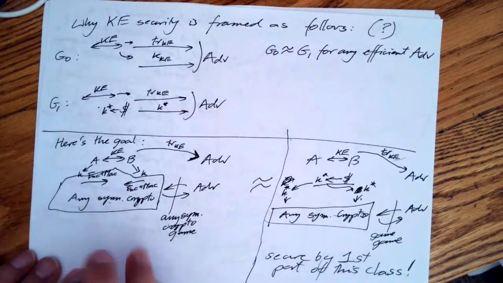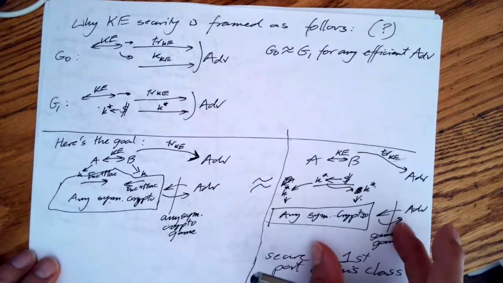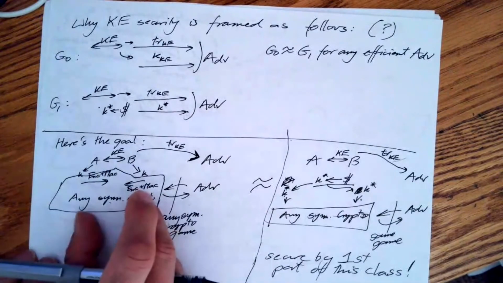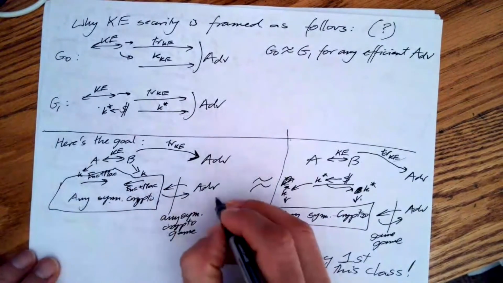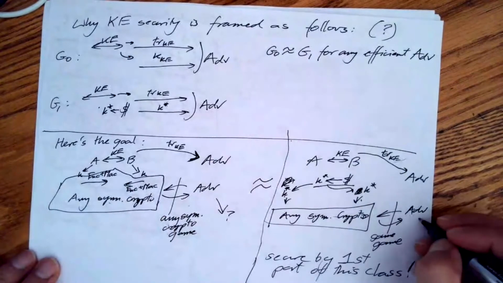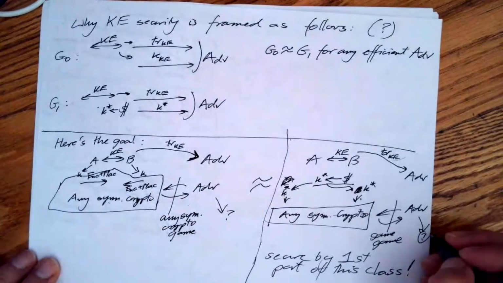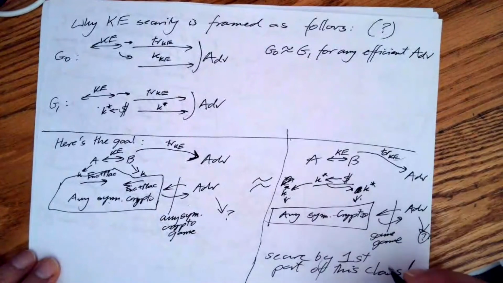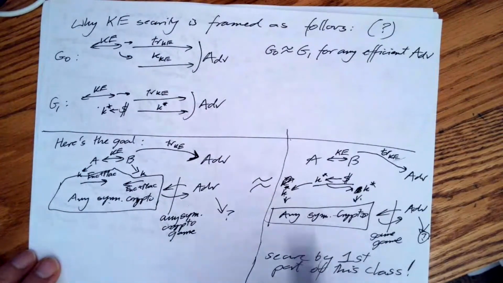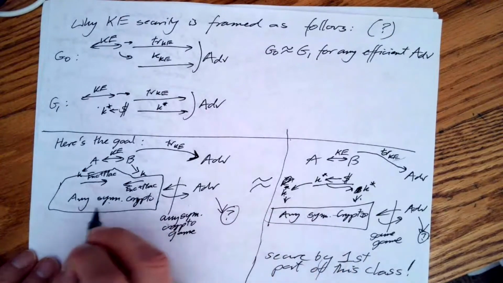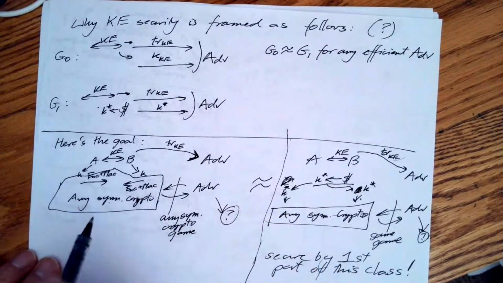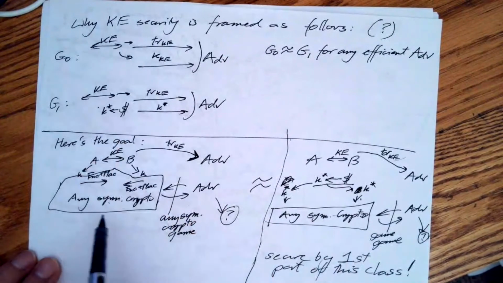But I want everything I learned and could do with symmetric cryptography to carry over and be just as secure. So if here the adversary got nothing useful, whatever that meant in the context of these crypto systems, I want the same to be true here. And this notion will give it to me.